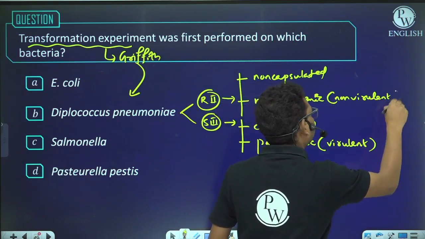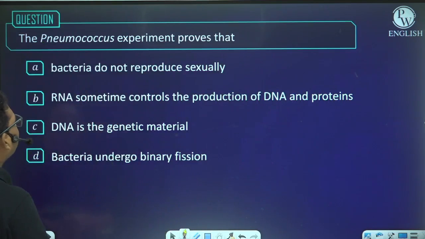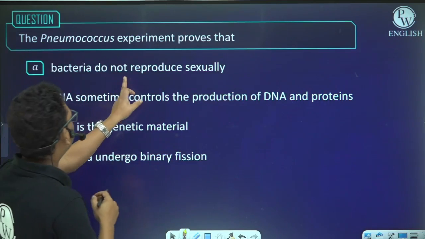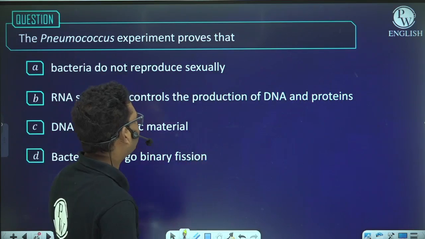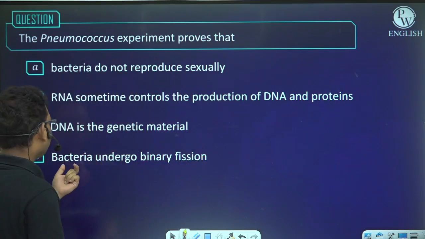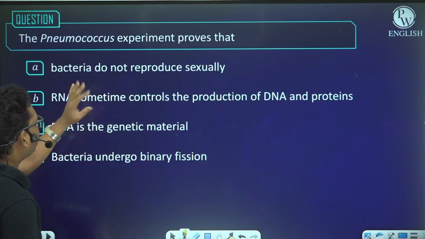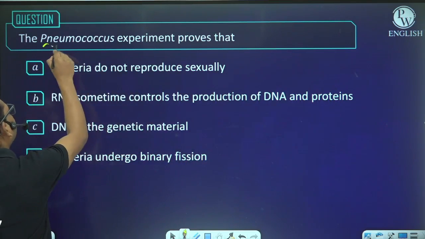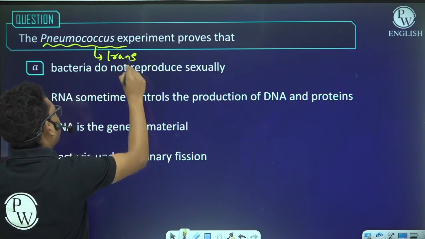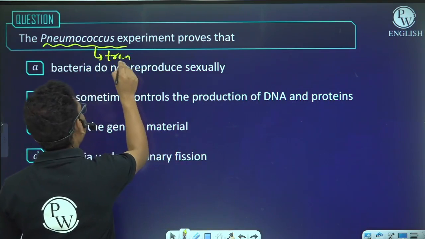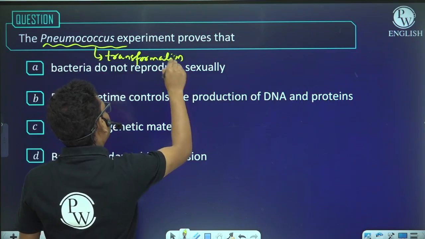Okay. Now next, the pneumococcus experiment proves that bacteria do not reproduce sexually; RNA sometimes controls the production of DNA and proteins; DNA is genetic material; bacteria undergo binary fission. See, the pneumococcus pneumoniae experiment means the transformation experiment.